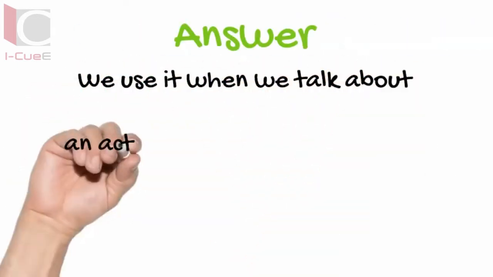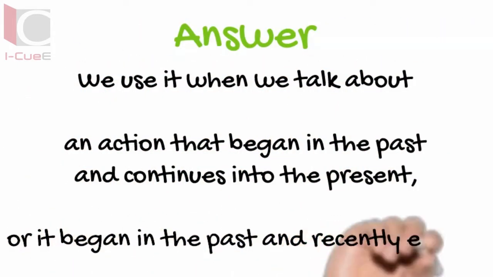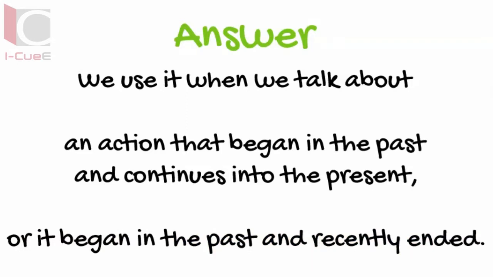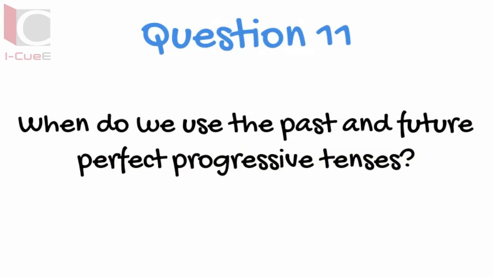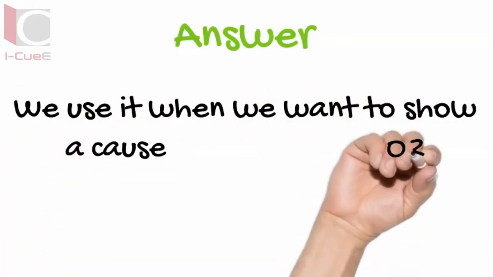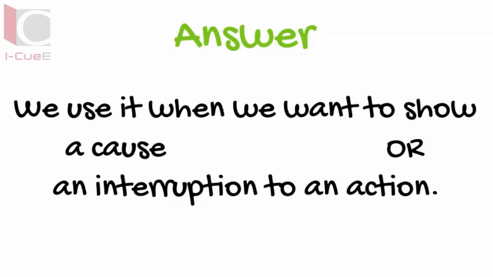We use it when we talk about an action that began in the past and continues into the present, or it began in the past and recently ended. When do we use the past and future perfect progressive tenses? We use it when we want to show a cause or an interruption to an action.